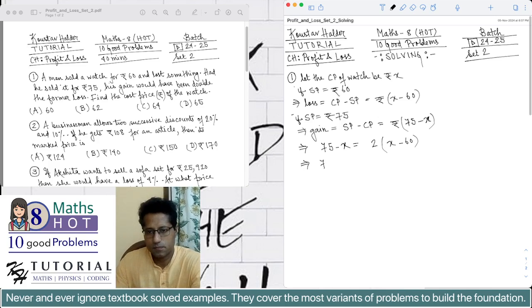We have 75 minus x is equal to 2x minus 120. This implies 3x is equal to 195. This implies x is equal to 195 divided by 3, which is equal to 65.